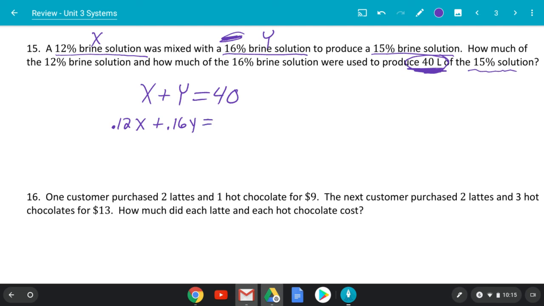And then that'll equal, I want it to be 15% brine, which would be 0.15. But here's where these mixtures become difficult. It's the last step that's only necessary on a mixture: I've got to multiply that 0.15 times how much of the solution there is. And there's 40 liters. That's the step that everybody always forgets.